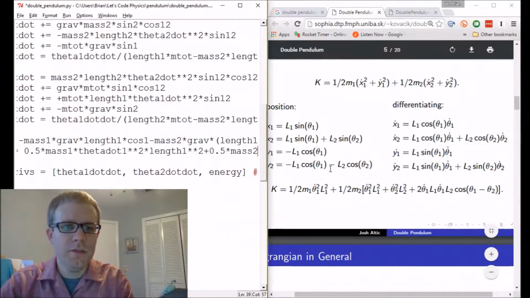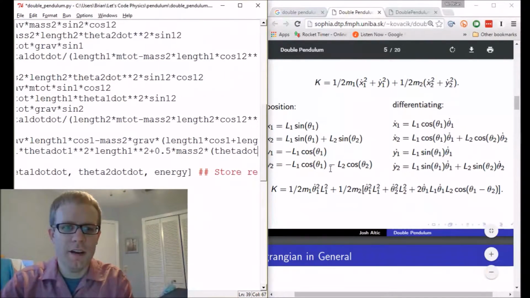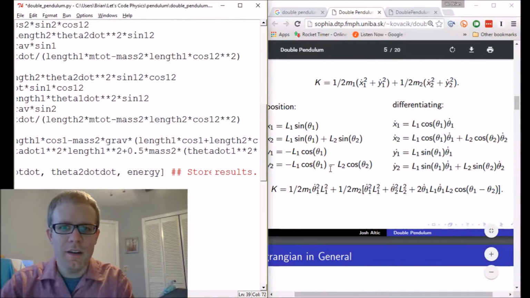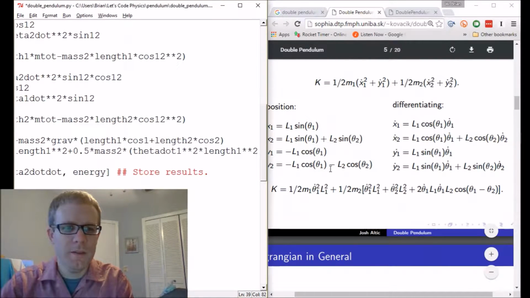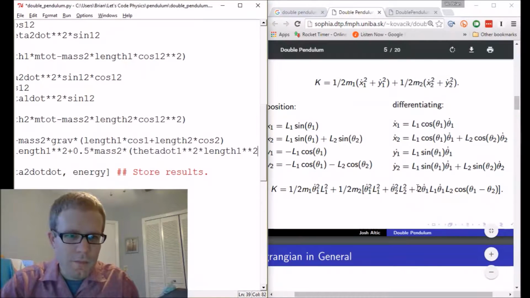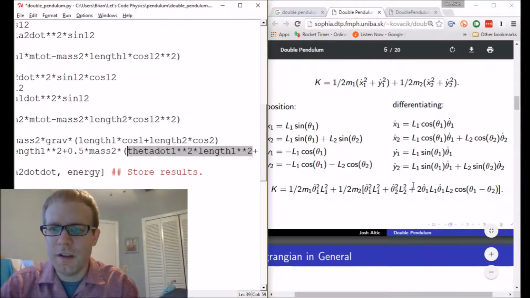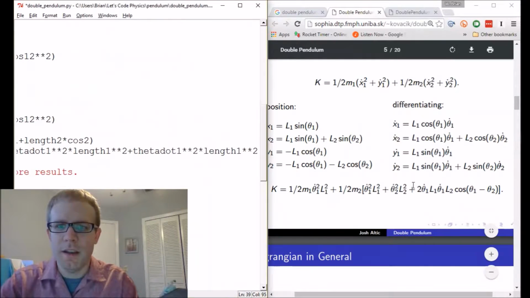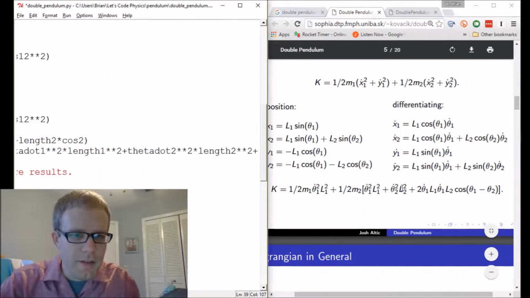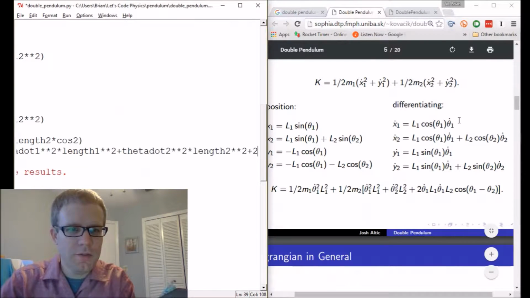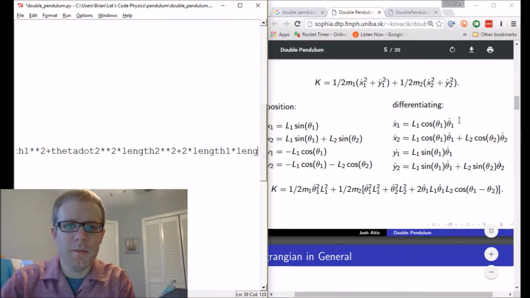1/2 mass 2 times theta dot 1 squared times length 1 squared plus the same thing with 2's. So let's copy and paste, change all the 1 labels to 2's. Plus, then we got the cross term. 2 times length 1 times length 2 times theta dot 1 times theta dot 2.